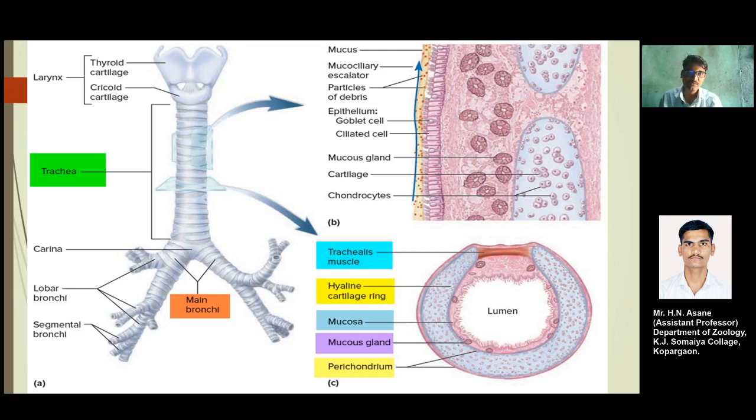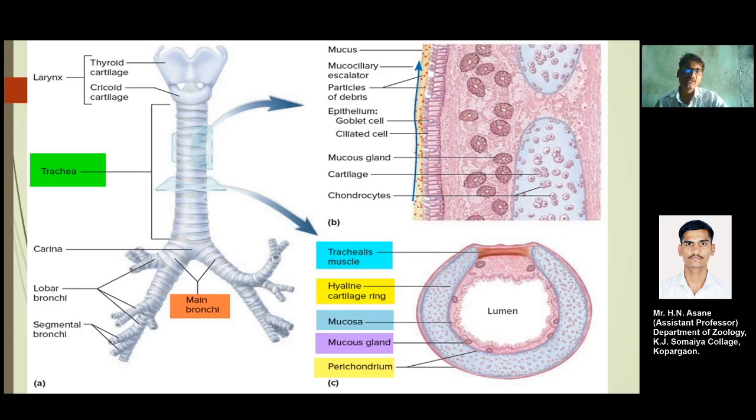Okay, then the epithelium layer, where goblet cells are present. Okay, these ciliated cells, as you can see in this region. Then you can see the mucociliary escalators, where particles and some debris are also seen in this particular section.